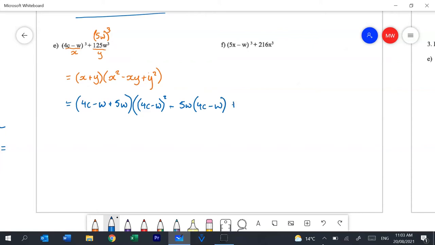And on the end here, we've got 5w squared. Okay, in this one we've got 4 c's, and now we have 4 w's.